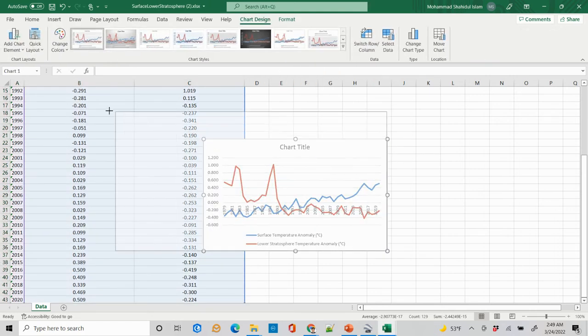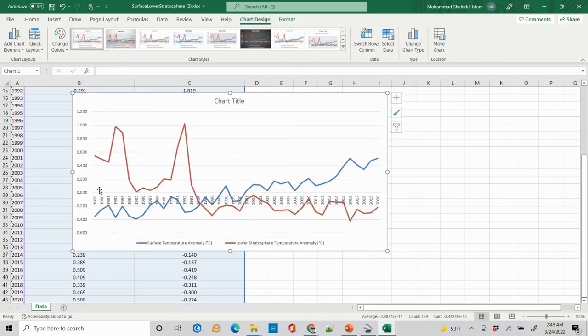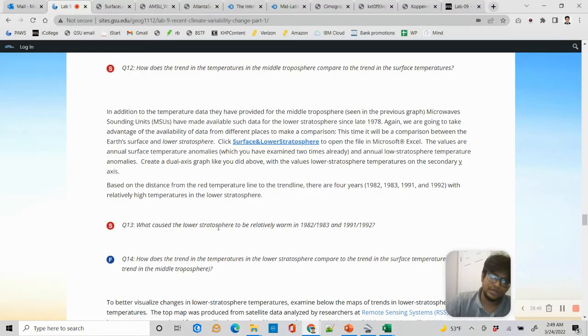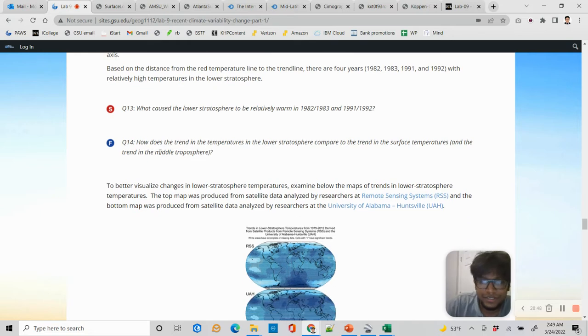So this is showing you the trend of surface temperature, the blue line, with the lower stratosphere. These two had really different variability in temperature. So you need to answer those things as well in questions 13, 14.